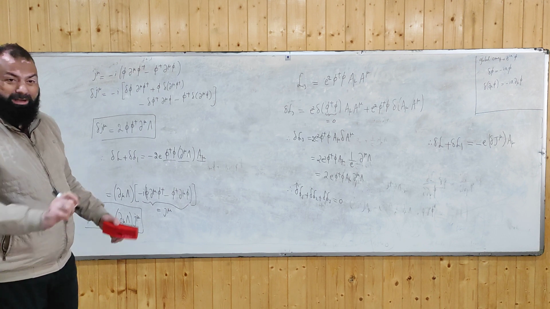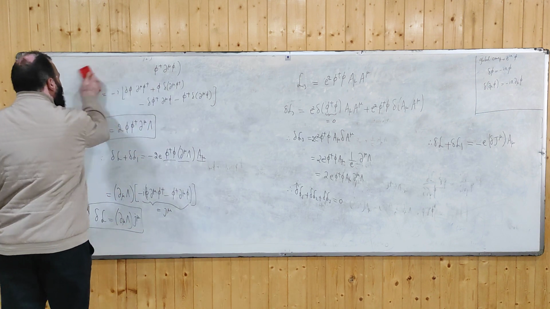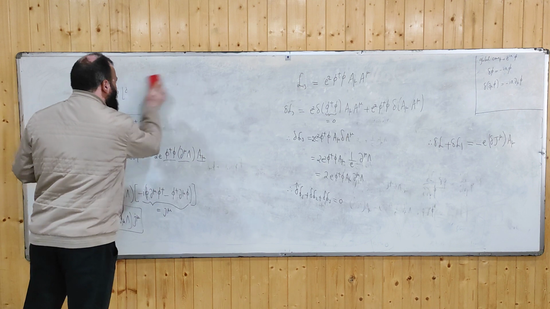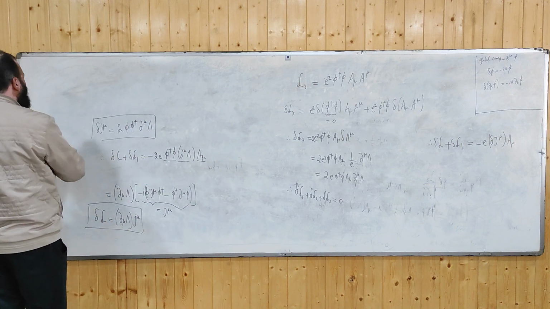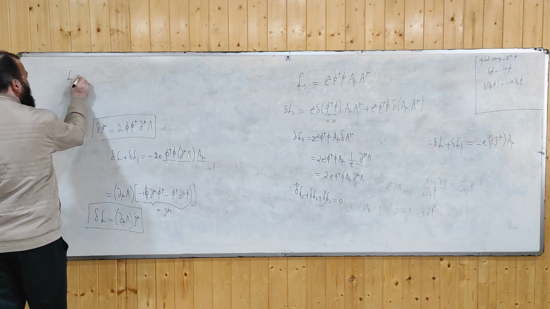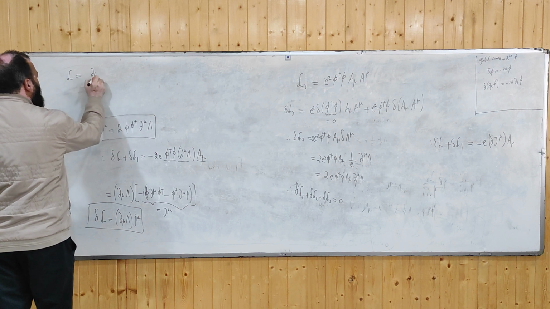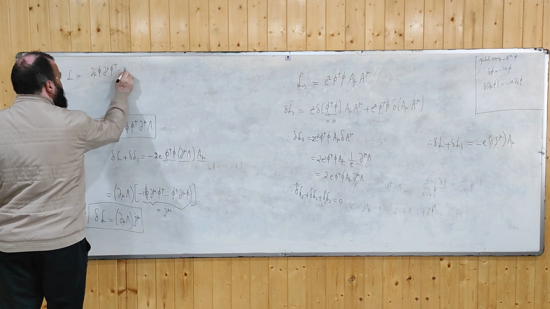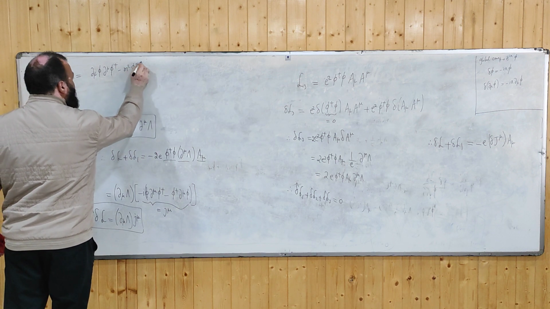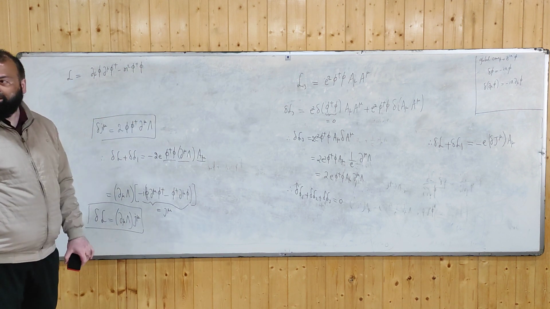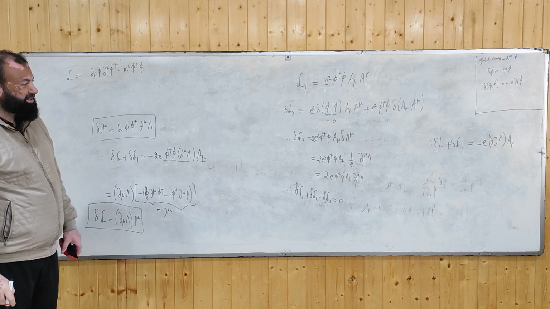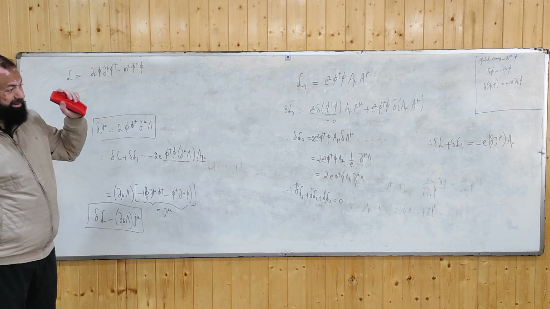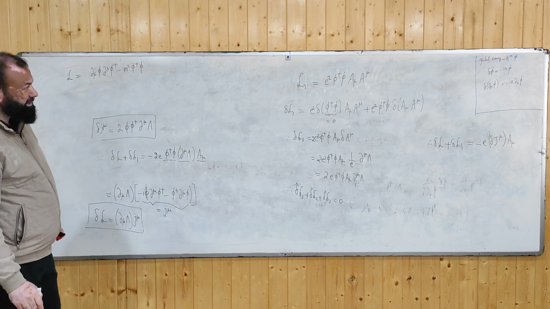Clear? So now let's take a look at what we have done. You have your original Lagrangian, L is equal to partial mu phi partial mu phi dagger minus m square phi dagger phi. Clear? This was your original Lagrangian. Then what did you add? That L1. What was that L1 equal to? Anybody?